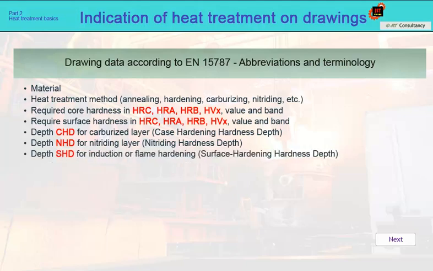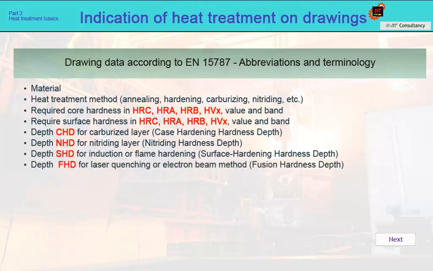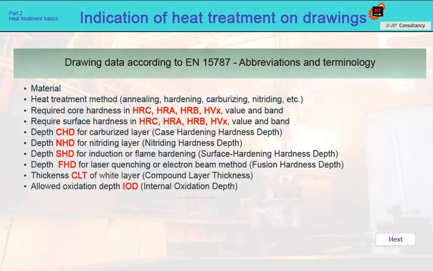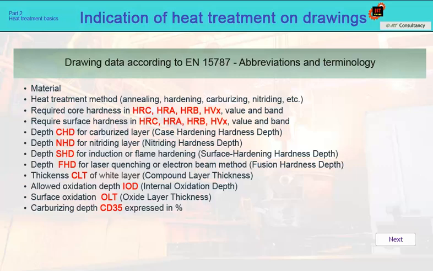SHD, depth for surface induction and flame hardening. FHD, depth for laser or EBM hardening. CLT, surface compound layer thickness. IOD, internal oxidation depth, OLT, oxide layer thickness, and CD 35, carburizing depth expressed in percent.